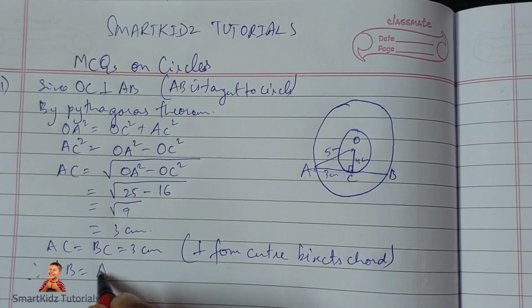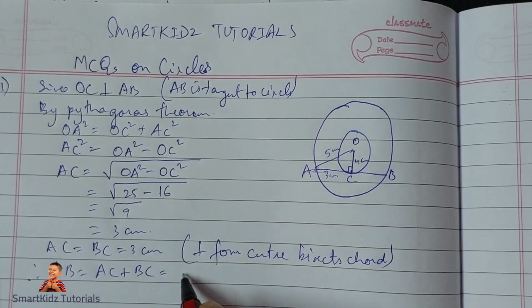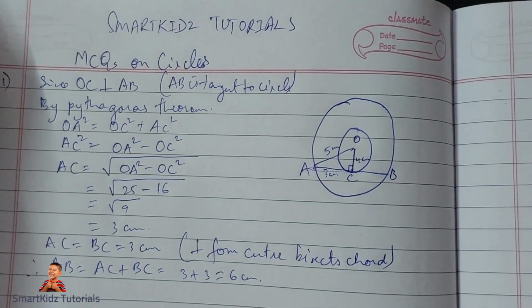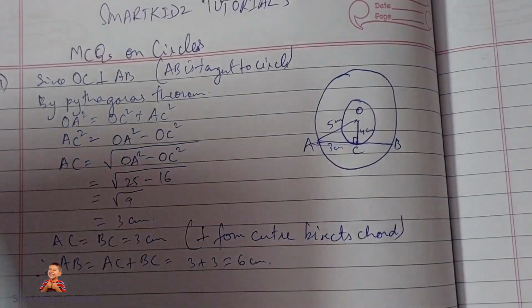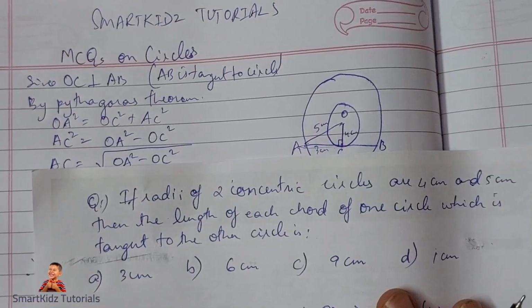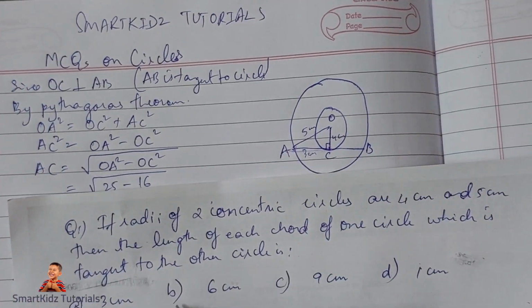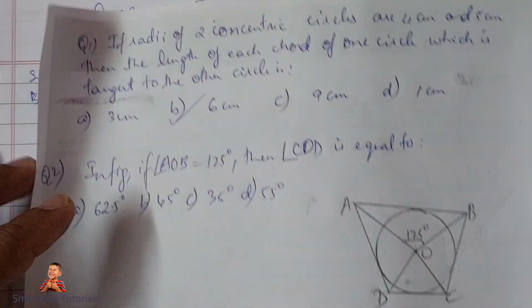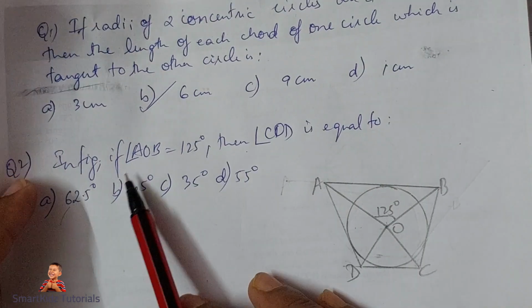And therefore you can say AB is equal to AC plus BC, which is equal to 3 plus 3 equal to 6 centimeters. So if we have a look at our options, you see, B is the correct answer. Let's move to the next question.